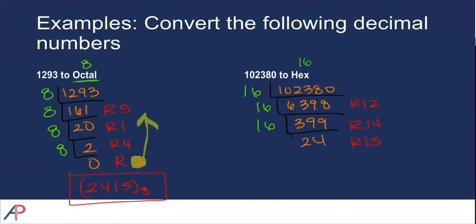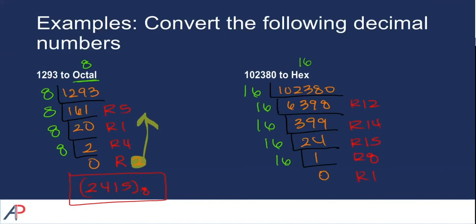And dividing it again. So 16 right here, 24 divided by 16, we get a quotient of 1 with a remainder of 8. Divide one more time and we get 16 with a quotient of 0 and a remainder of 1.